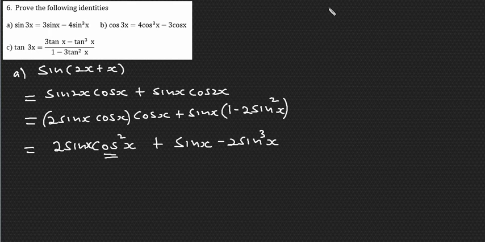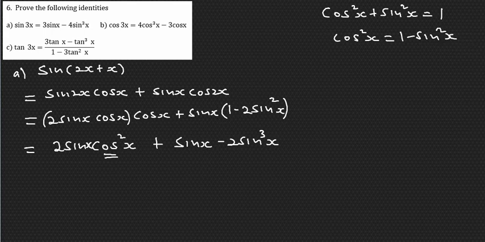Now we know from this identity cos squared x plus sine squared x equal to 1. So if I want to get a cos squared x in terms of sine, I'll get 1 minus sine squared x.